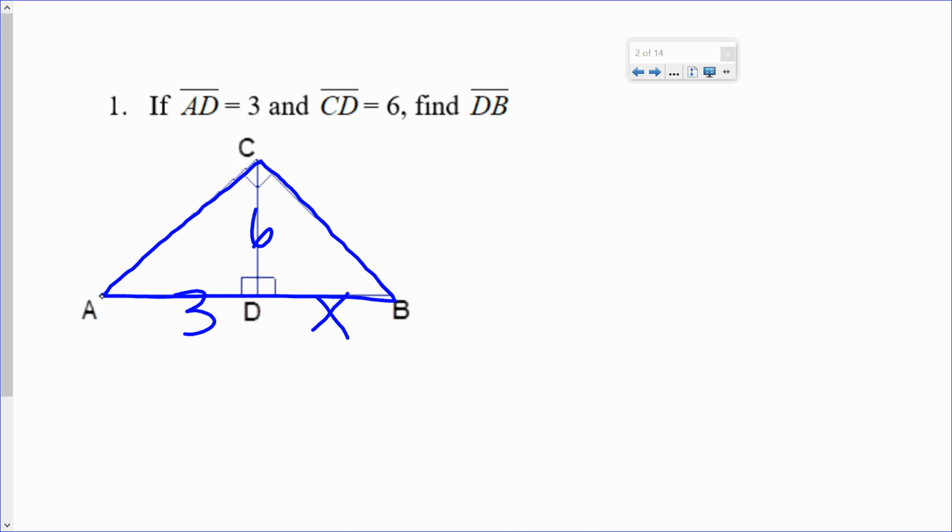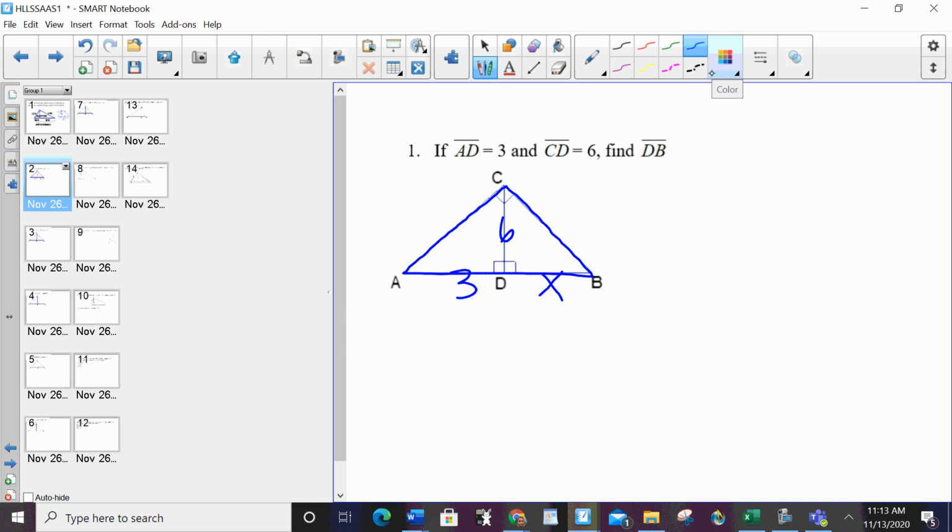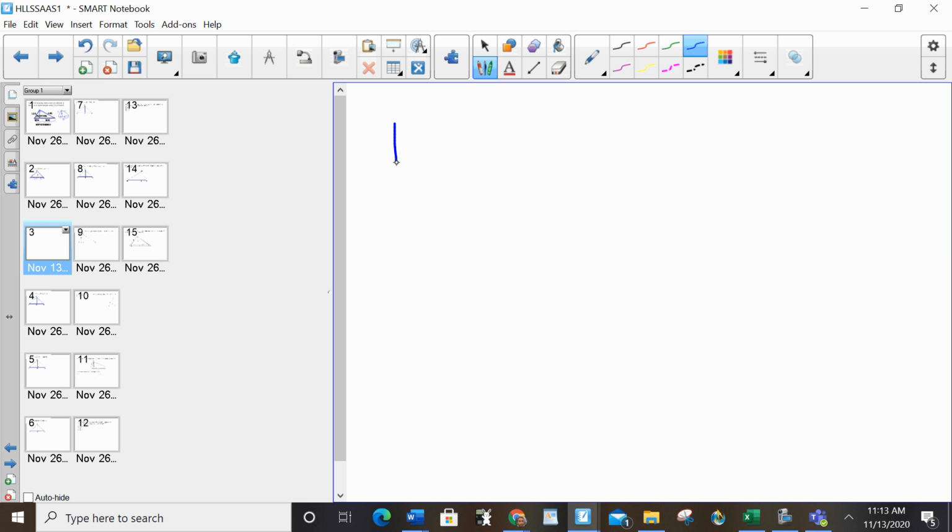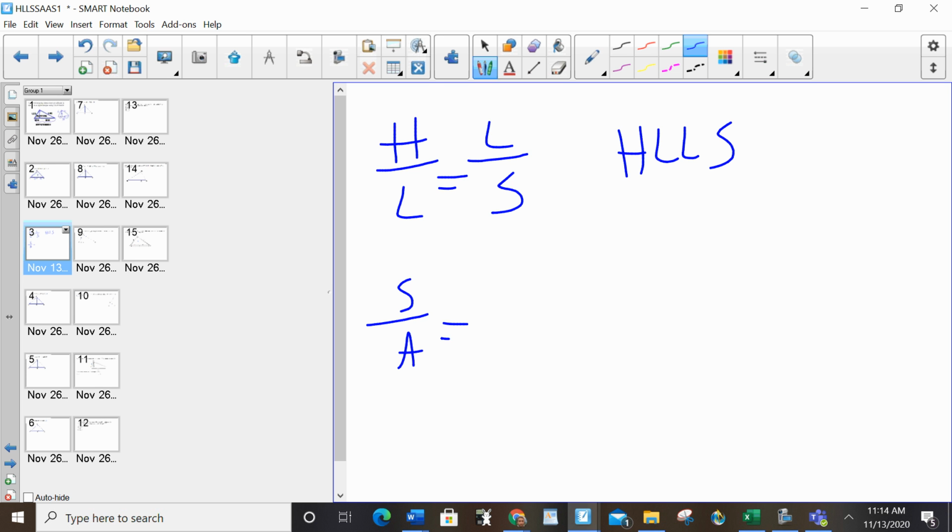So there are two proportions. There's hills, that's H over L equals L over S. And there's SAS, S over A equals A over S. To determine which one you're using, if there is an L involved, I'm using hills.